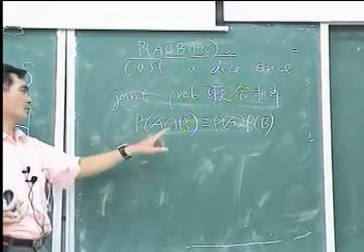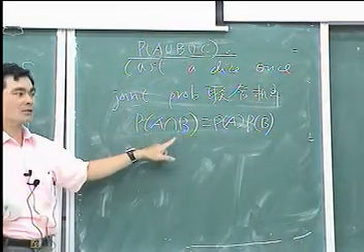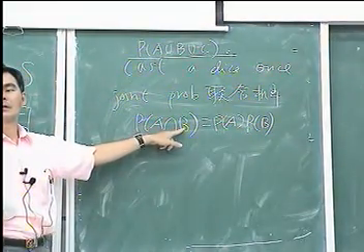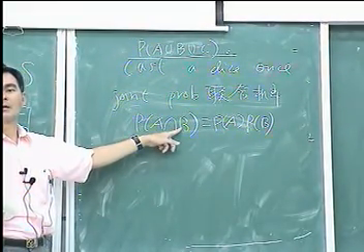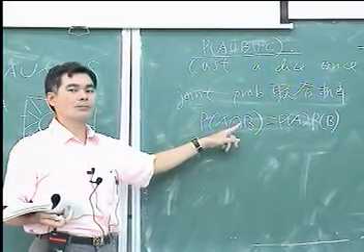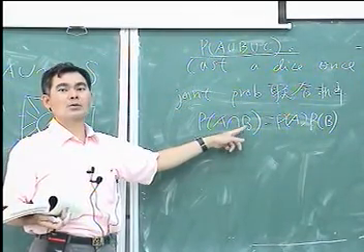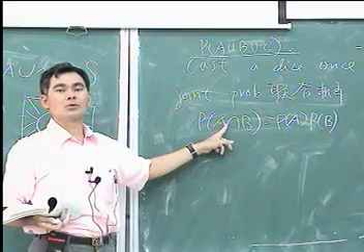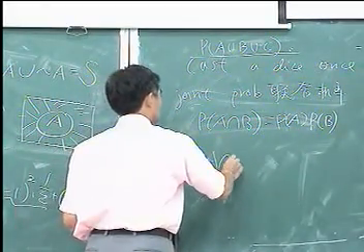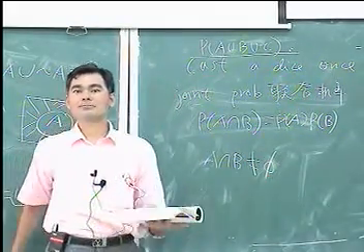If this is true, then what's the relationship between A and B? They are independent, and also they are not mutually exclusive. That means A intersect B is not equal to the empty set.